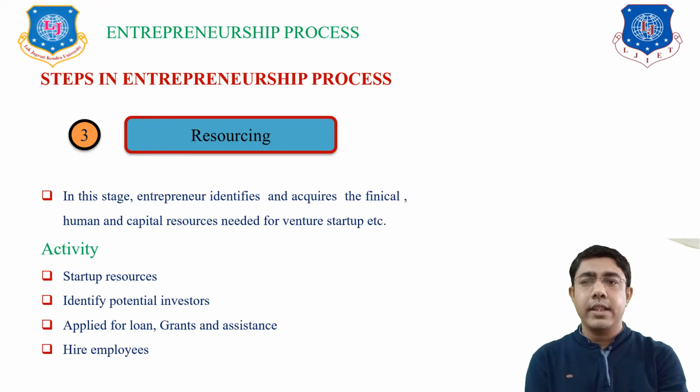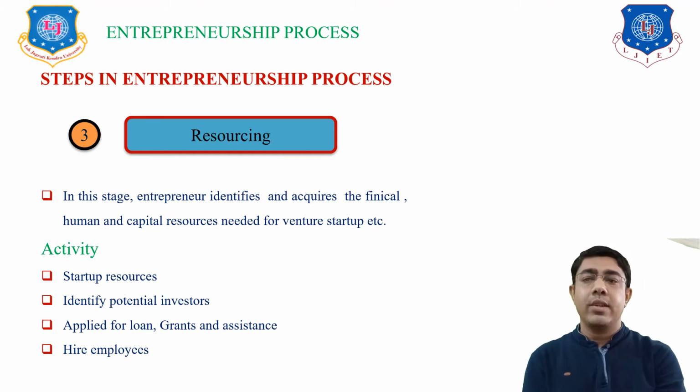After that, the third stage is resourcing. In this stage, the entrepreneur identifies and acquires the financial, human, and capital resources needed for the venture startup. The main activities are arranging startup resources and identifying potential investors. As we know, to start a venture or business we need capital.